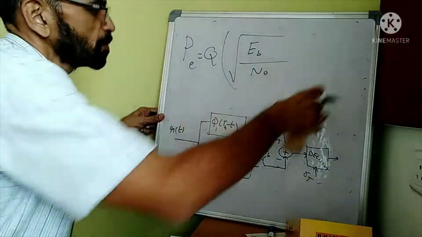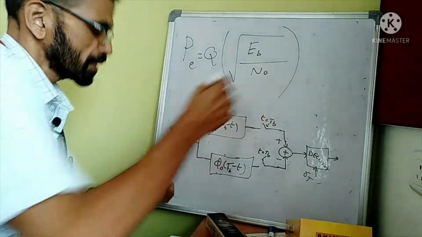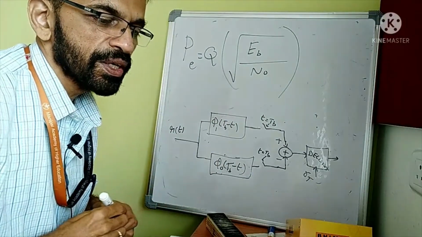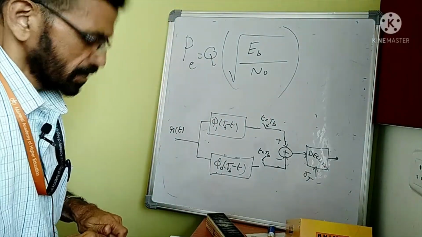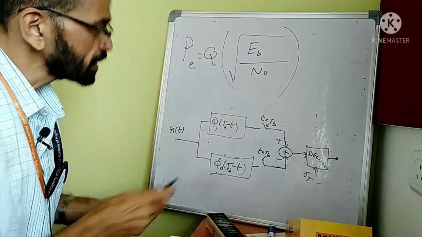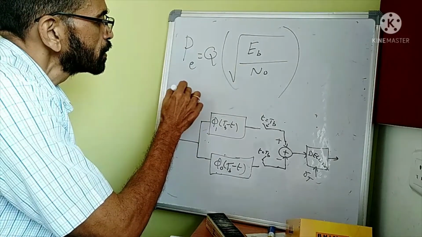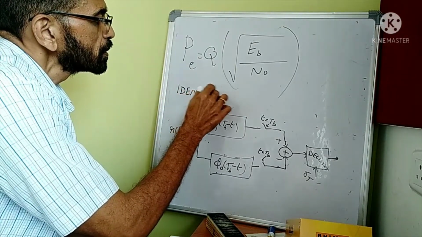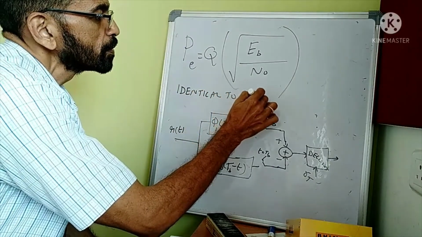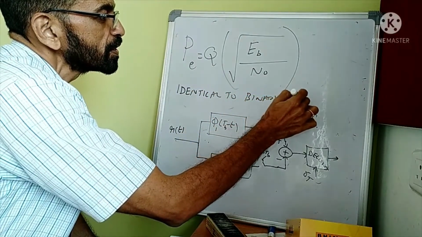So this is the probability of error for binary FSK, and you can see that it is identical to binary ASK.